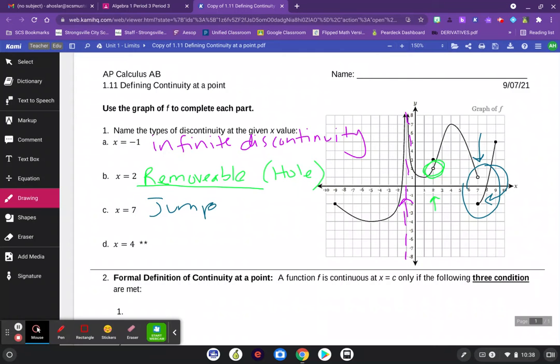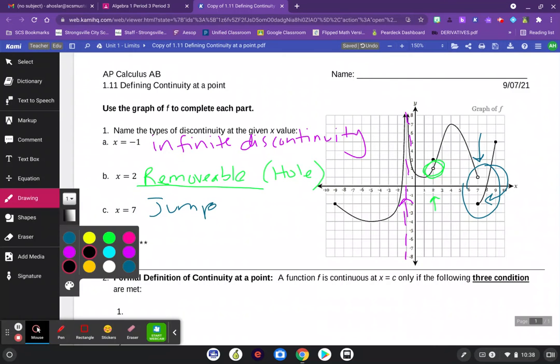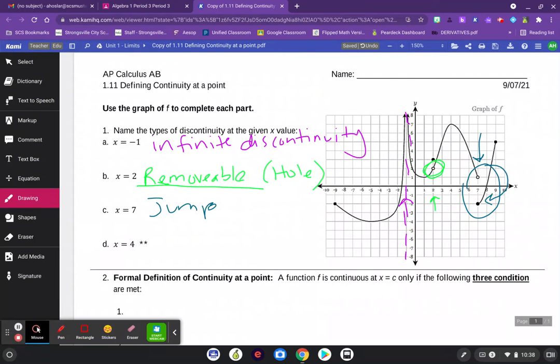Okay, how about at x equals 4? It's so hard to pick which color, right? We'll go with orange. At x equals 4. All right, so here's x equals 4. And as I look up at my curve, well, there's no infinite discontinuity. There's no hole there, so no removable discontinuity. And there's no breakaway in my graphs, no jump discontinuity.